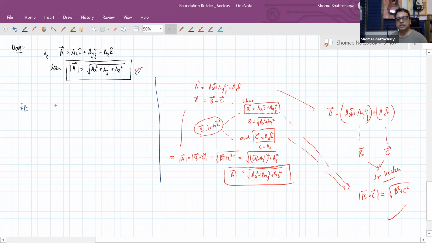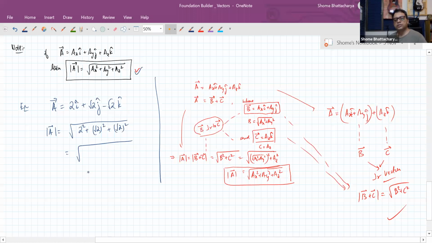So, for example, if I have a vector, say 2i cap plus square root of 2 j cap minus square root of 2 k cap, then the magnitude of the vector will become square root of 2 square plus root 2 square plus root 2 square, so it will become 4 plus 2 plus 2, so that is 2.